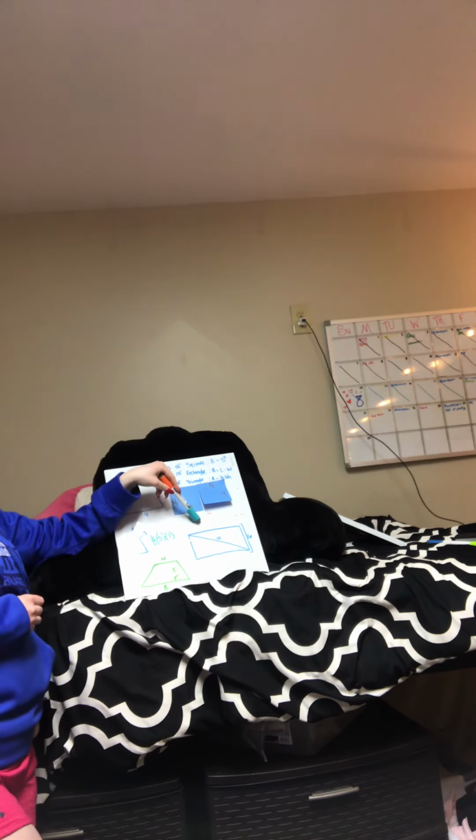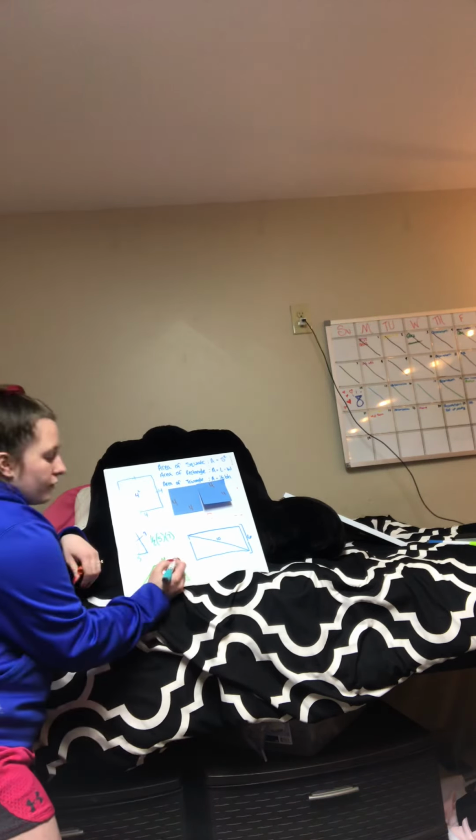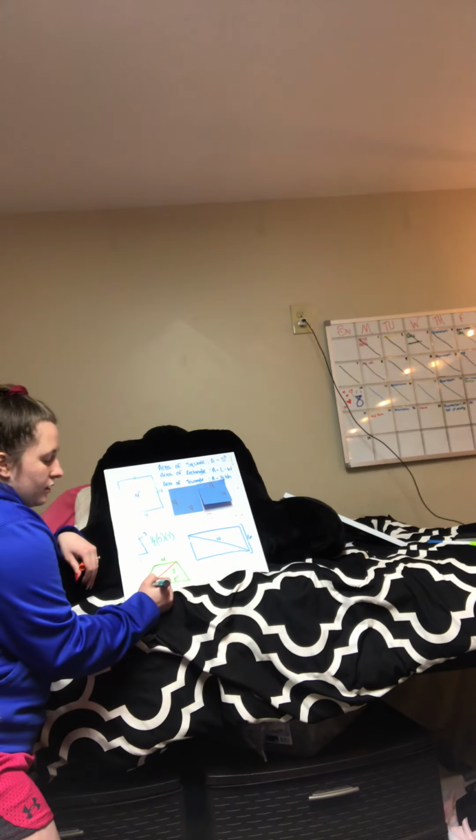What we can do is split this into triangles like I showed you on our rectangle. It's the same thing. All you have to make sure is you put the line in the right spot, okay? We're going to go from this corner to this corner. And here we have the height. The 5, the dotted line, shows you that this is the height. So our height is 5 inches.